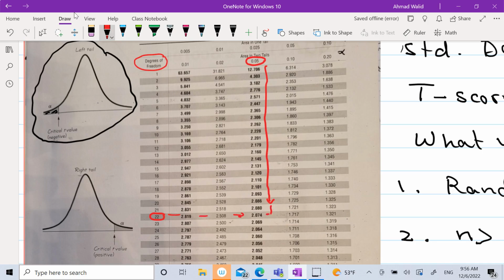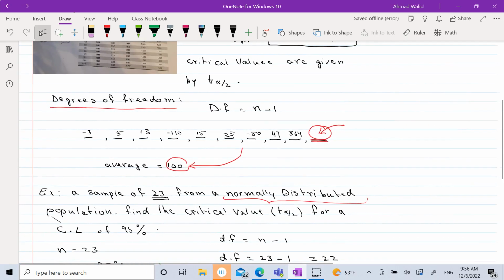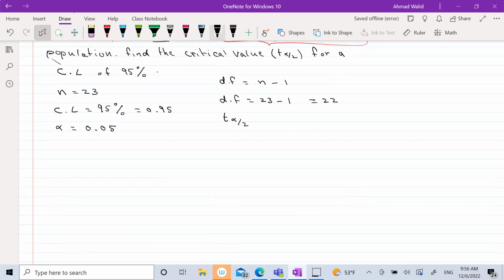And you will see you end up with 2.074. Correct? Your T alpha over 2 easily from the table you can find is 2.07. Correct? This is how you calculate your T score, table A3 in your book.